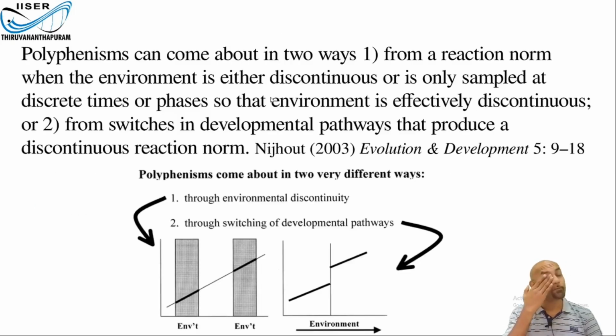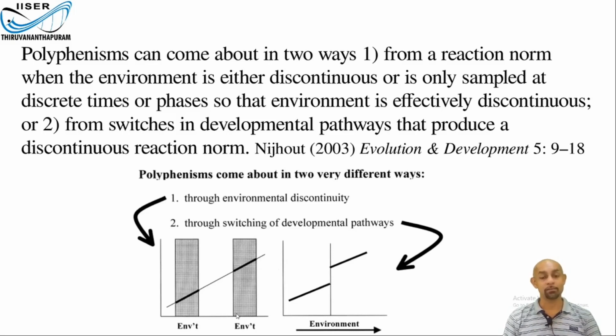So how do you get polyphenisms in nature? There are two ways in which this can happen. One is that the environment itself is discontinuous. So let's assume this is a reaction norm of a phenotype for a given environmental parameter.